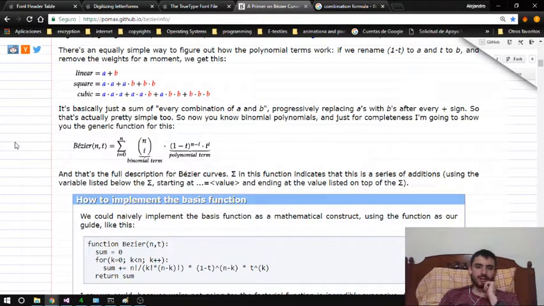So the Bezier is a combinatorial of n elements, of i chosen elements into n, times the polynomial that's (1 minus t) to the n minus i and t to the i.